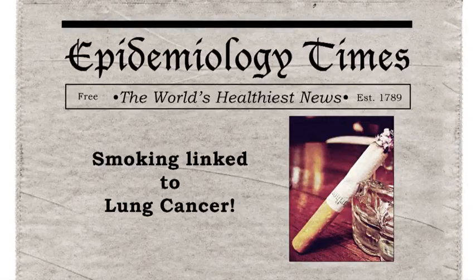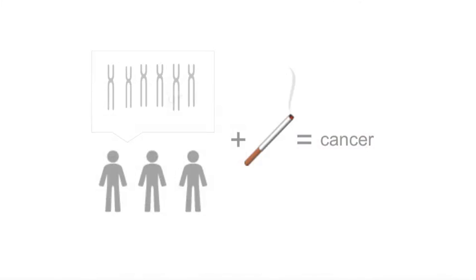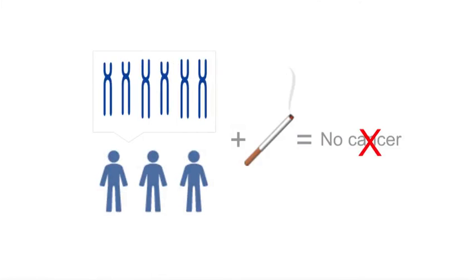For another example, let's consider smoking and its link to lung cancer. There are some people who, due to their genetic makeup or previous experience, are susceptible to the effects of smoking, and others who are not susceptible or as susceptible. These susceptibility factors are part of the causal mechanisms through which smoking may cause lung cancer.